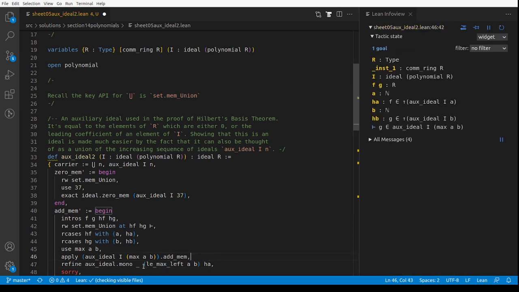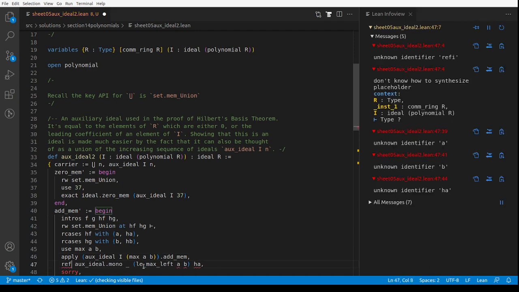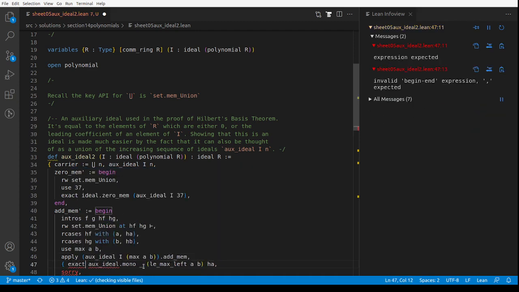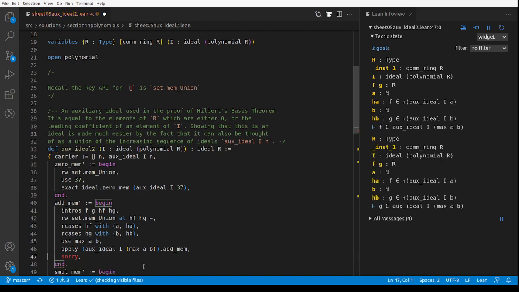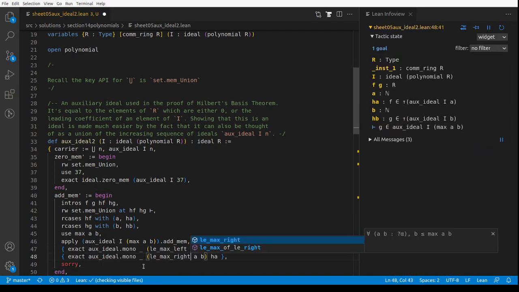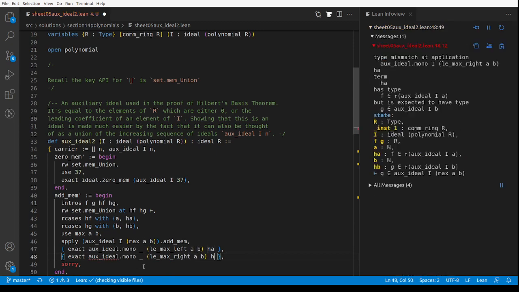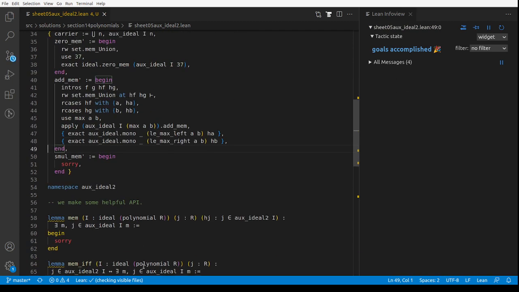How did that work? Oh, so there we go. So this is exact this there, and the other one will be the same. This will be le_max_right, and this will be hb. I would imagine, yes. So there's add_mem.